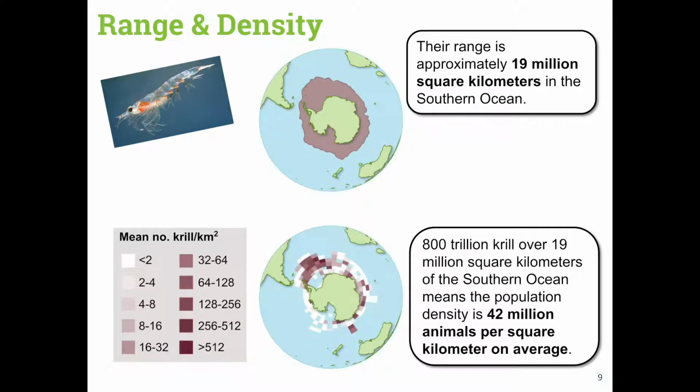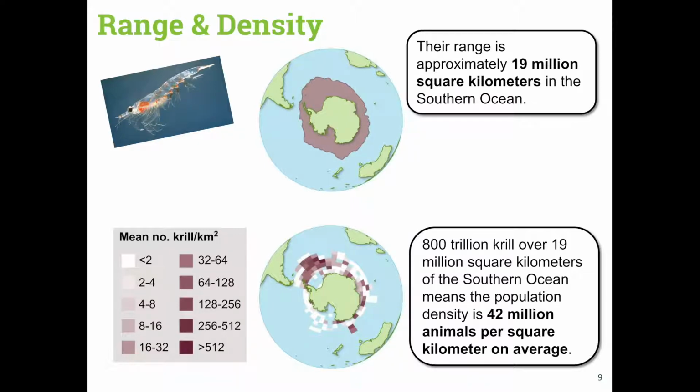For example, the krill population made up of 800 trillion individuals ranges through an area of 19 million square kilometers around the continent of Antarctica.